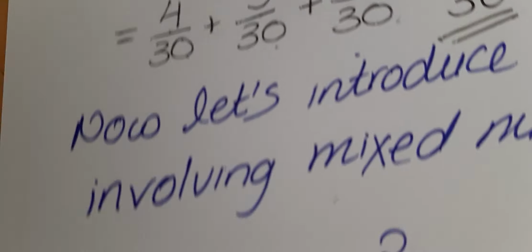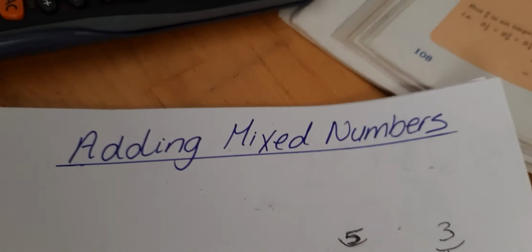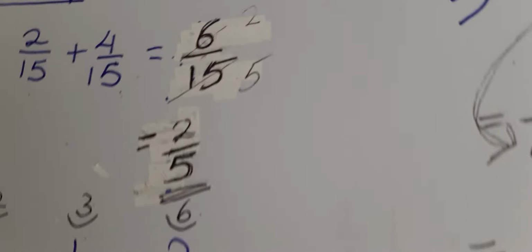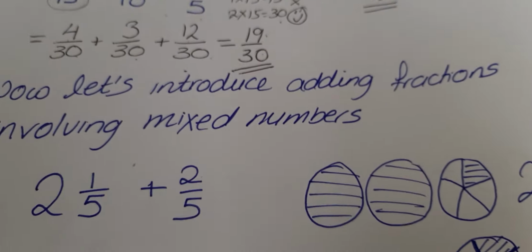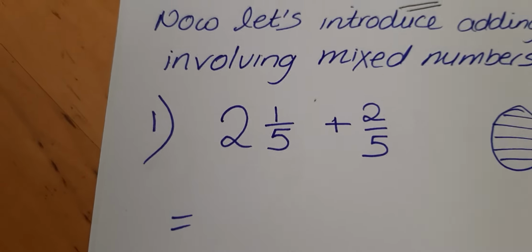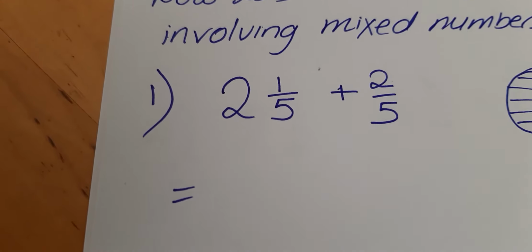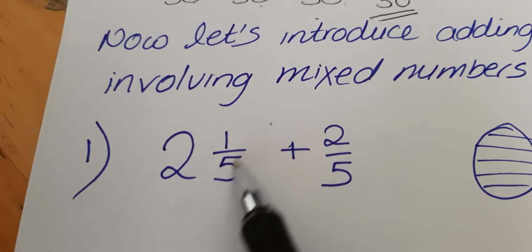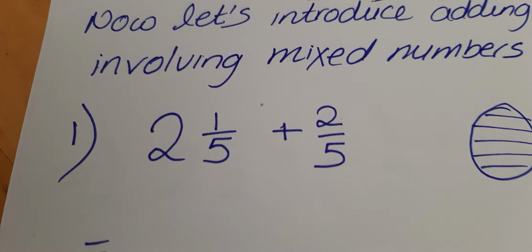Right, let's move on. Let's actually add fractions that include mixed numbers. Here we have another question which involves, this time, a mixed number. That 2 and 1/5 is a mixed number.